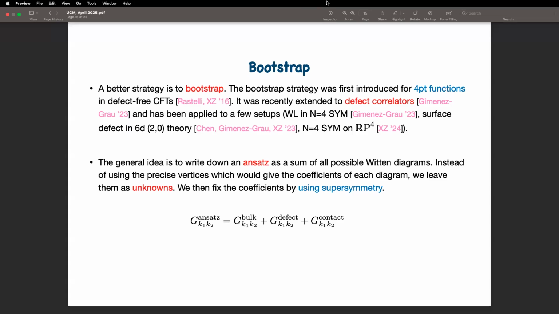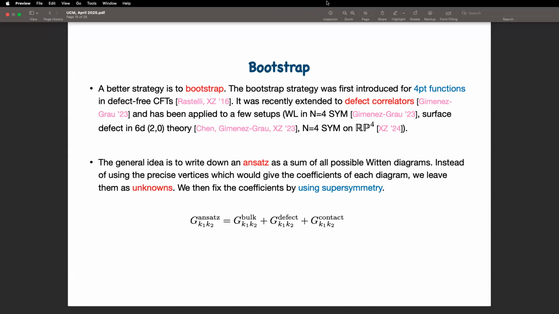For what I'm going to tell you, the algorithm is similar. I will try not to get into the very technical details, but just outline the general idea. The general idea for bootstrapping 2-point functions is very simple and straightforward.